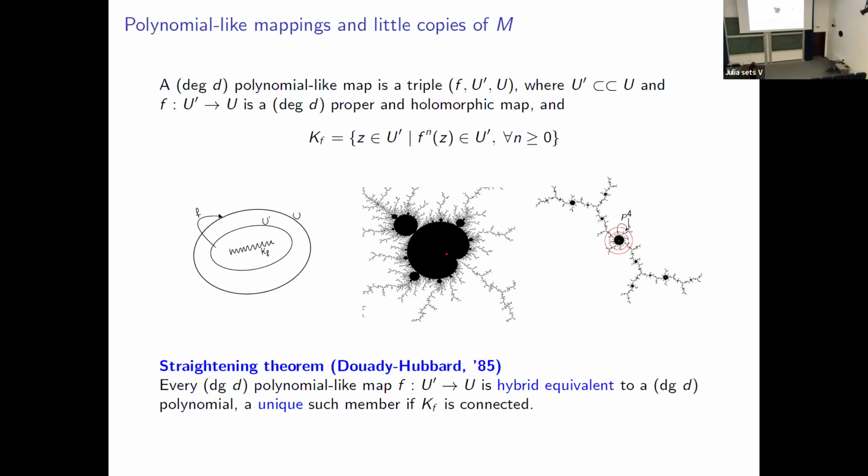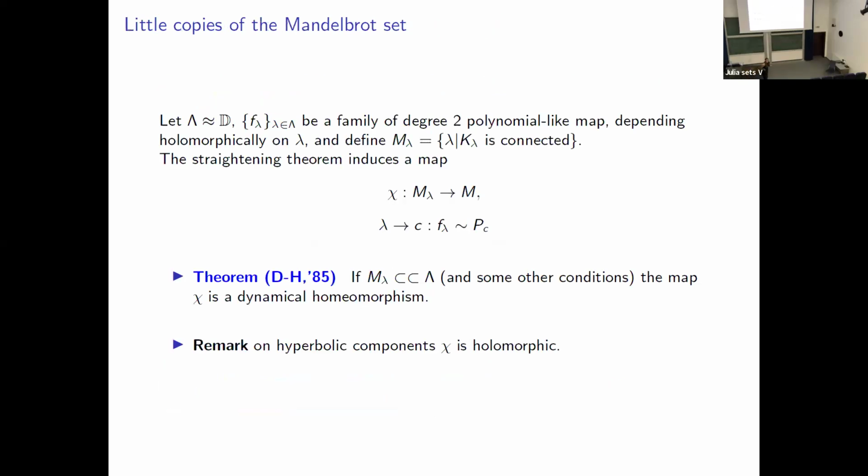What do I mean? Let's now consider a family of quadratic-like maps, this is polynomial-like maps of degree 2, parametrized by some lambda in a big Lambda, which is a topological disk. And let's say that this family depends holomorphically on lambda.